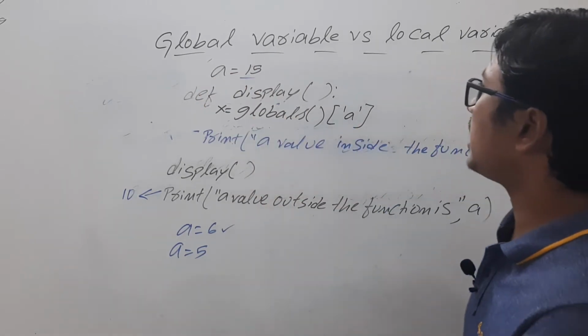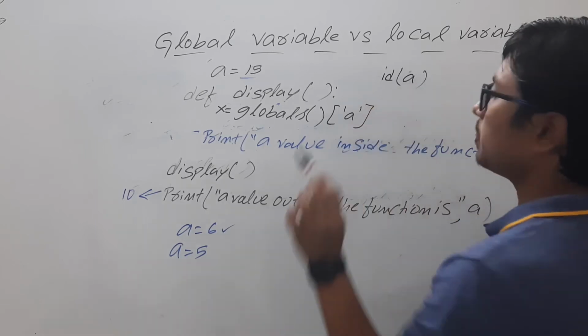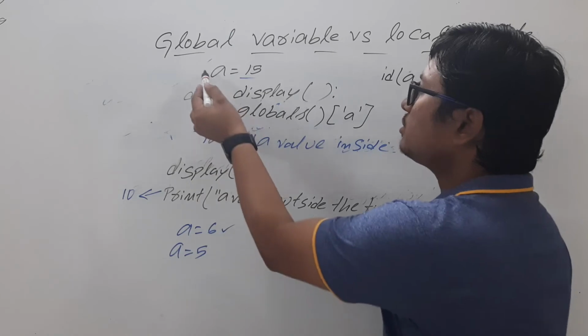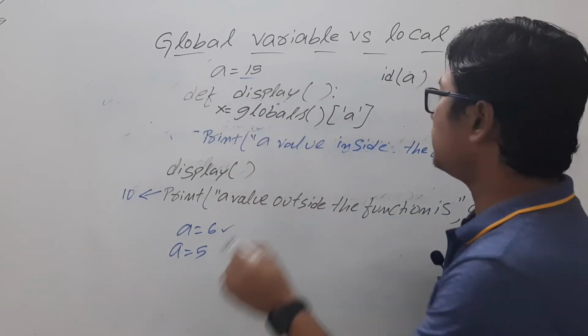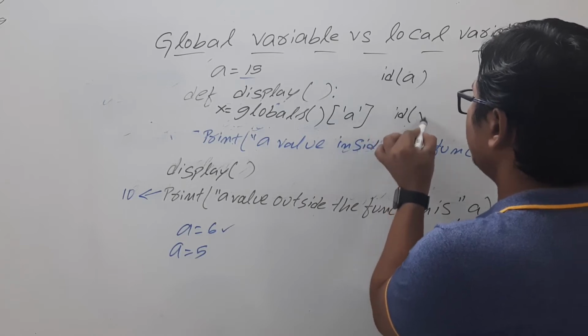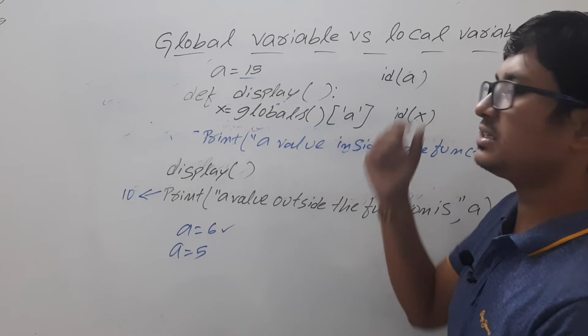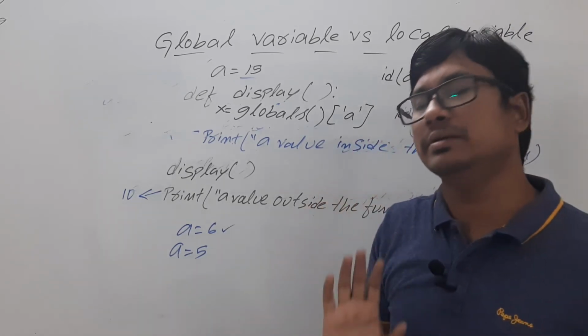How can you access the address of any variable? You can write id of the variable name. If you print that one, you will get the address of the variable a. Similarly, if you want to print the address of the variable x, you can write id of x within the print. Then it will display the address of x and the address of a. Now if you observe it, both the addresses will be the same.